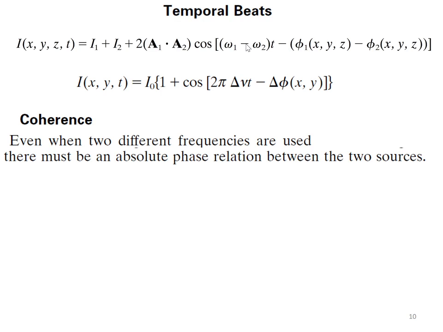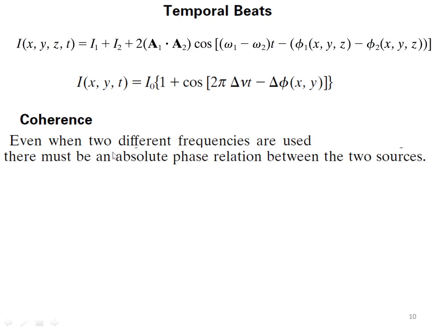That is the first condition: two sources to exhibit a stable interference pattern on a screen should have the same frequency. Omega 1 and omega 2 must be the same to get rid of those temporal beats. Fine. Then the second thing: does it mean that we can have two independent sources having exactly the same frequency and get a stable interference pattern on the screen? The answer to that is no.